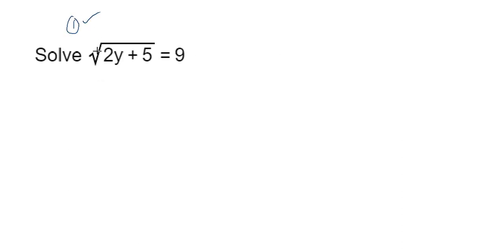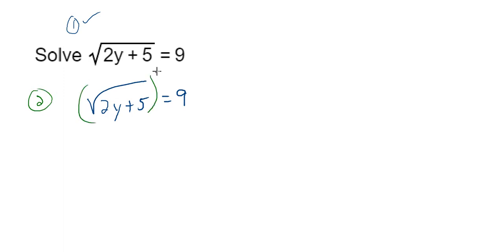Step two is to square both sides. So I'm going to raise both sides to the second power. So let me rewrite the equation. And then we will take that step two, of raising both sides to the second power. We raise the entire left-hand side to the second power. We raise the entire right-hand side to the second power.